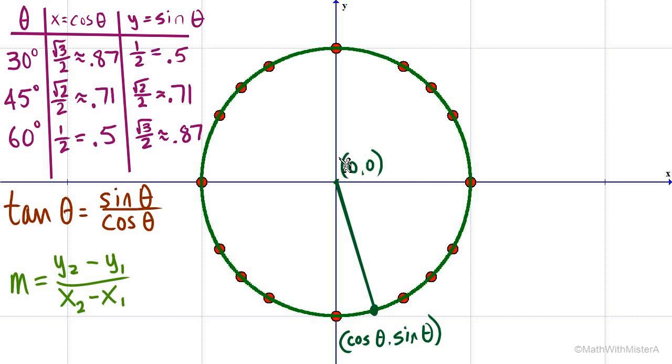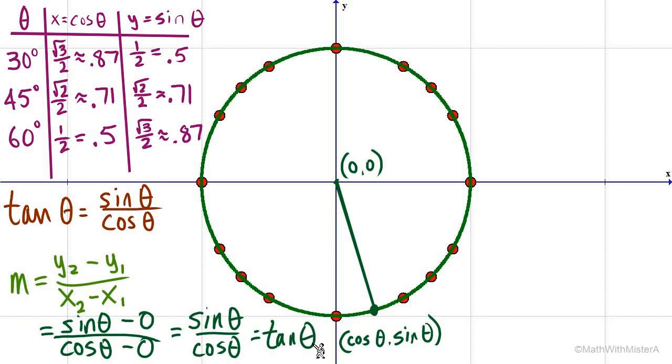If I choose to use the origin as my x1, y1, and cosine theta, sine theta as x2, y2, and put it into the slope formula to calculate the slope of this line, it becomes sine theta minus 0 over cosine theta minus 0, and that's sine over cosine, that's tangent. So we can think about tangent as the slope of the line that goes from the origin to the point on our circle that corresponds to some angle rotation.